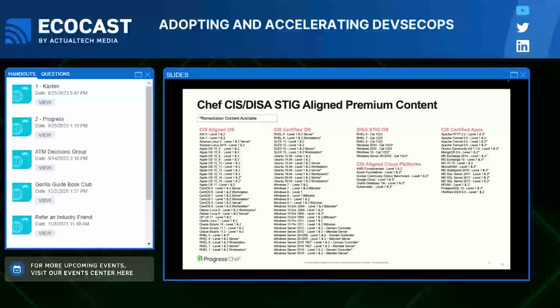Maybe we don't necessarily have a lot of shared security requirements, or we're just getting started in that. So Chef provides what we call premium content, which are pre-built, ready-to-go security templates based on popular standards like CIS and STIG that allow you to really quickly apply those standards to your systems.